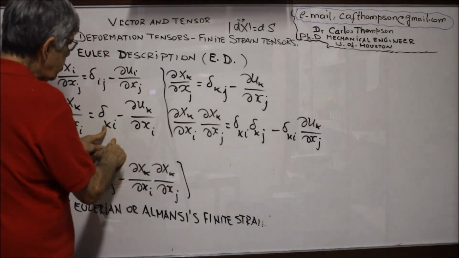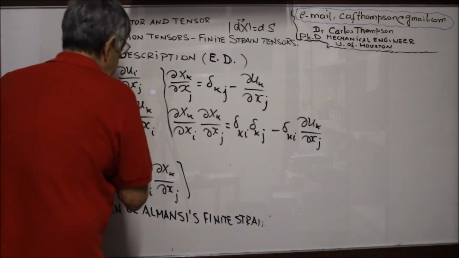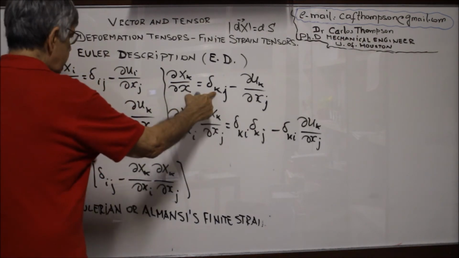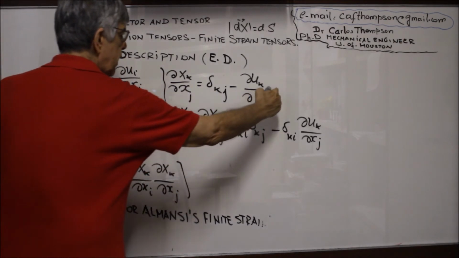You see, this here will multiply this, and this will multiply this.